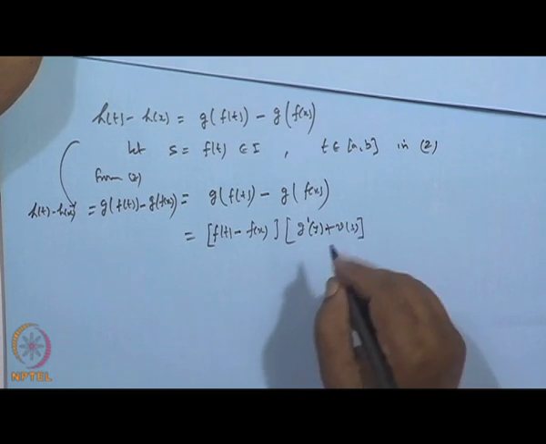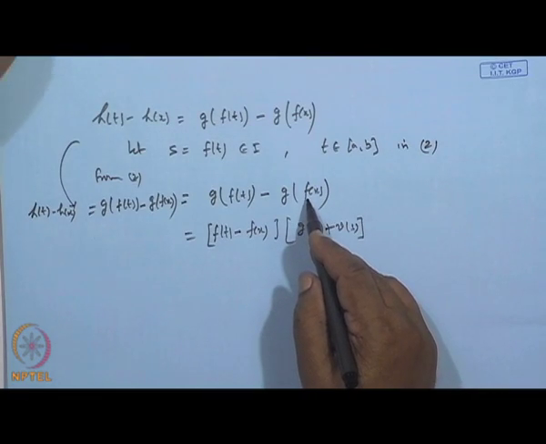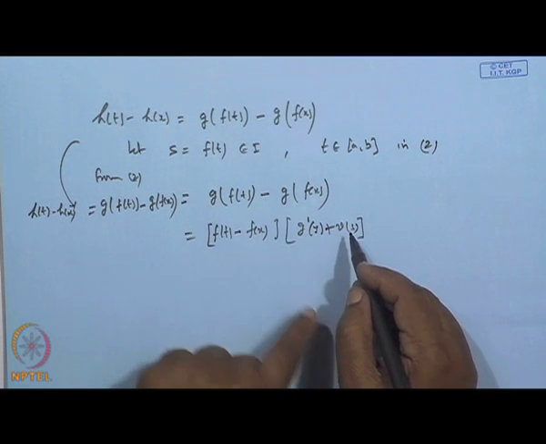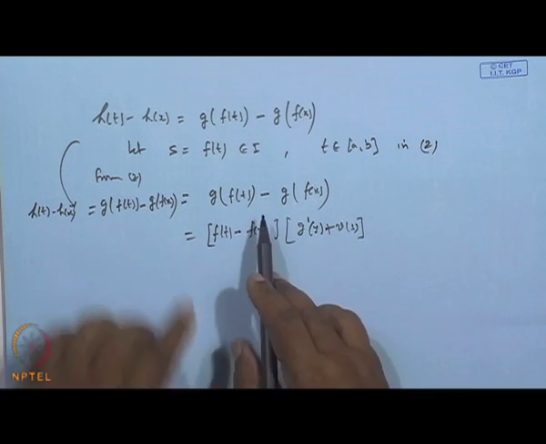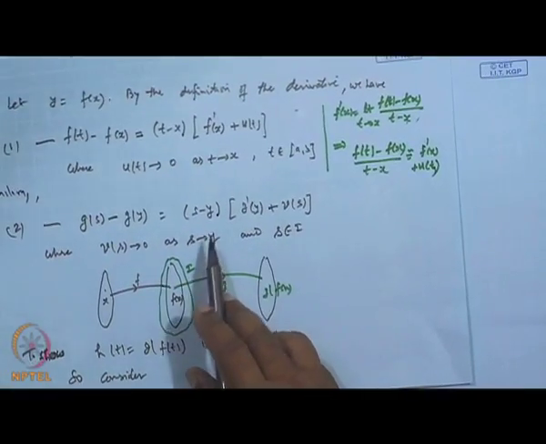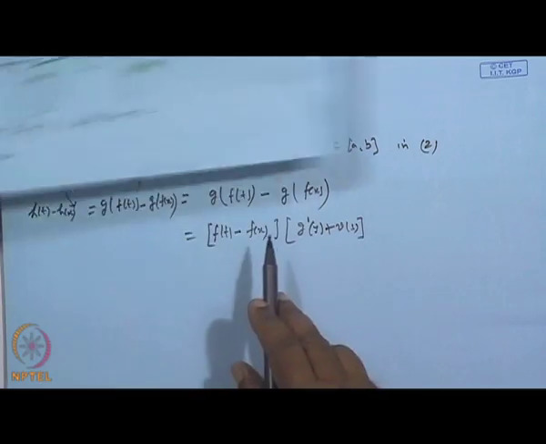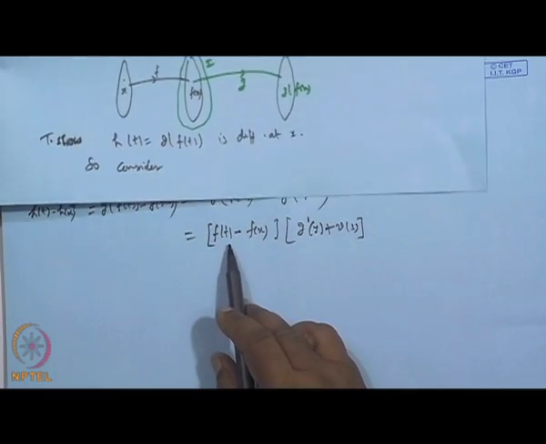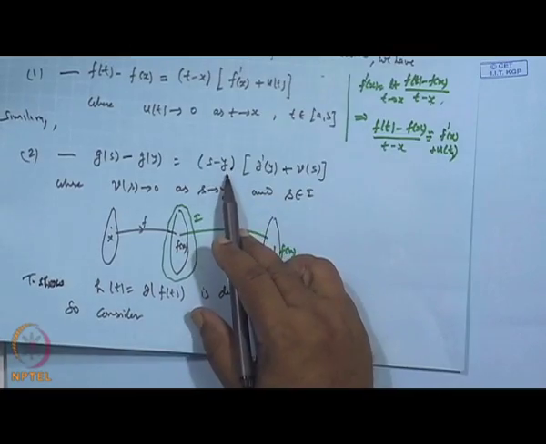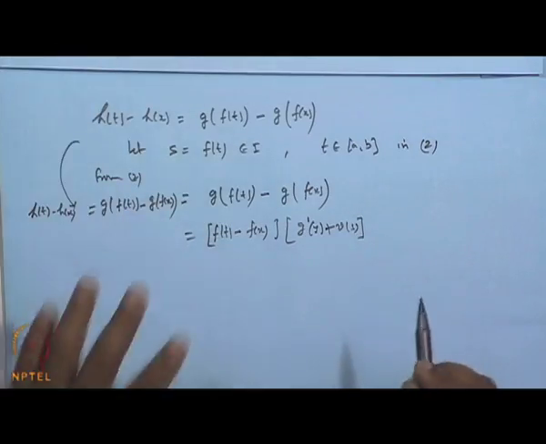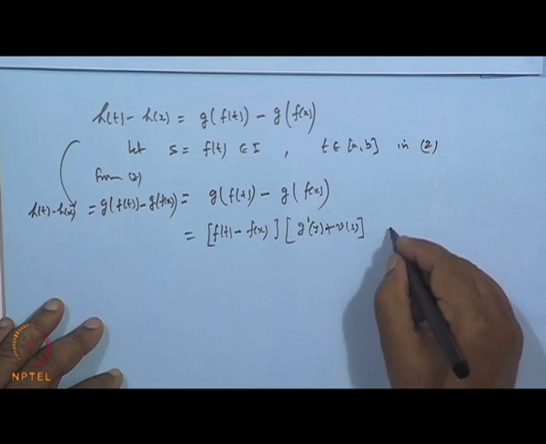That is what we get using this condition. Then similarly for g of f x, when you write the difference, it is s minus y, where s is f t and y is f x, into g prime y plus v s. We get this from equation 2.